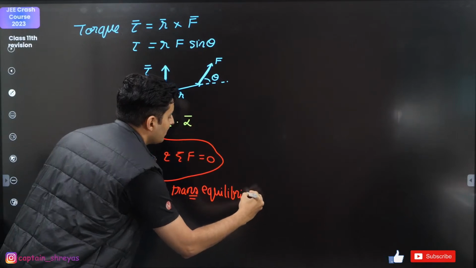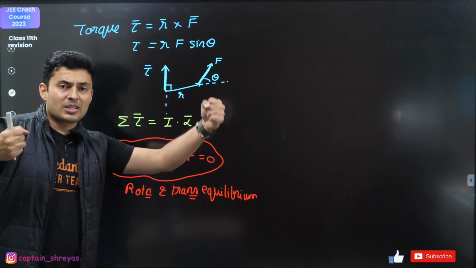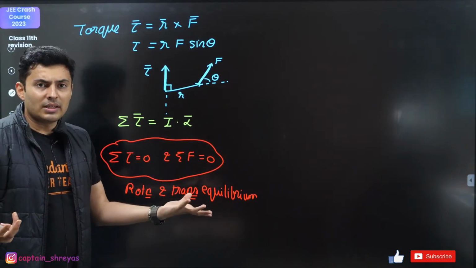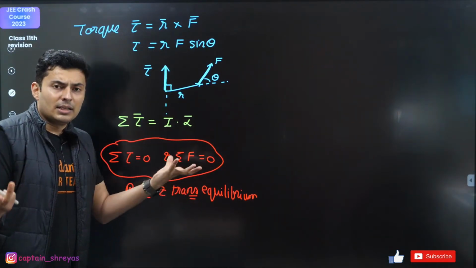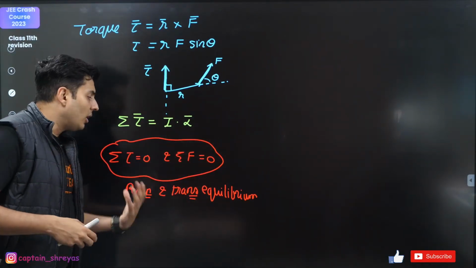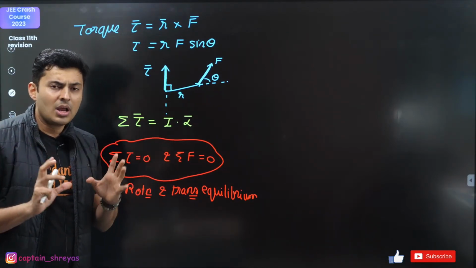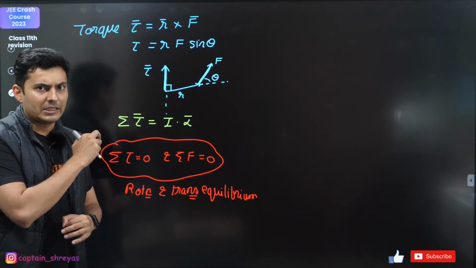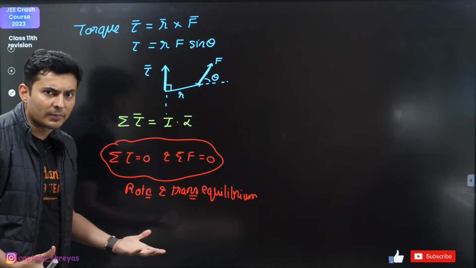There are many problems involving toppling, or two ropes supporting a rod, or a person being supported by two things, or maybe there is a fulcrum and two things are there and it is being supported or balanced. All those problems involve the concept of net force being 0 and the net torque being 0. All the torques cancel, all the forces cancel each other. So you will see many problems which involve both these equations as well.